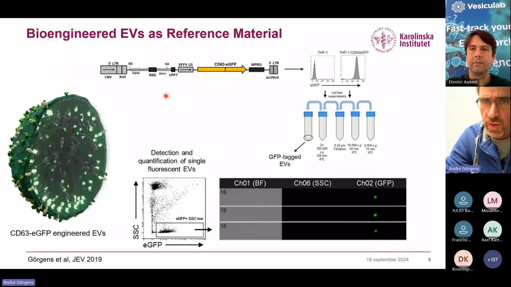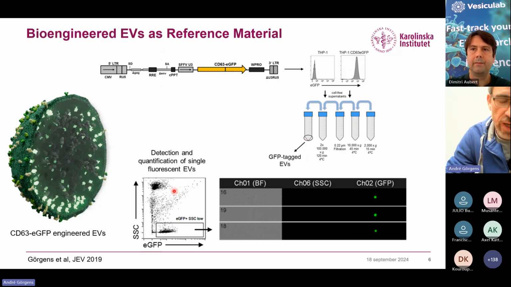So in this study early on, we produced fluorescently tagged EVs from THP1 cells that have a CD63 EGFP fusion protein, and then used that for different methods, establishment or optimization, but also for imaging flow cytometry establishment, which is a specific type of flow cytometer that is, for different reasons, quite sensitive compared to conventional flow cytometers.